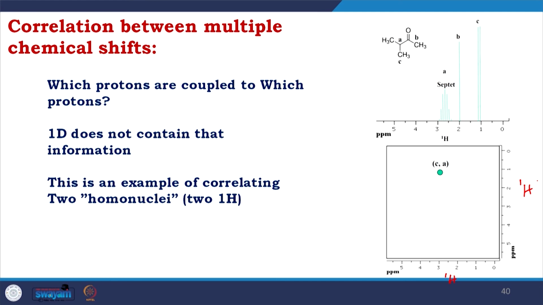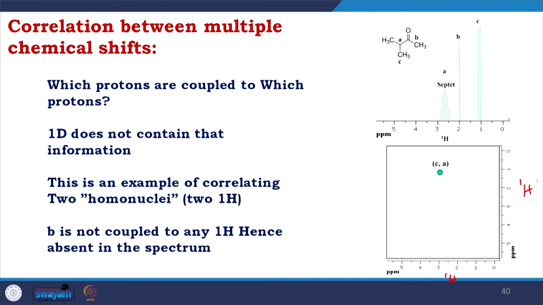So, this is an example of correlating homonuclei, because you are looking at the coupling between one proton and another proton. B is not coupled to any 1H, hence it is absent in the spectrum. Like the 4th carbon peak was not present in the other one, here this is absent. So, you see how they are coupled.